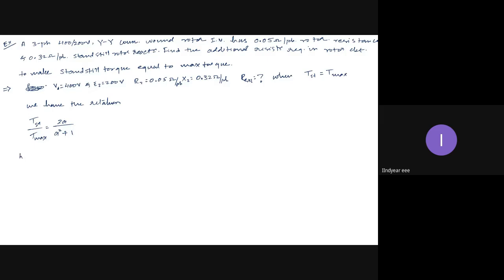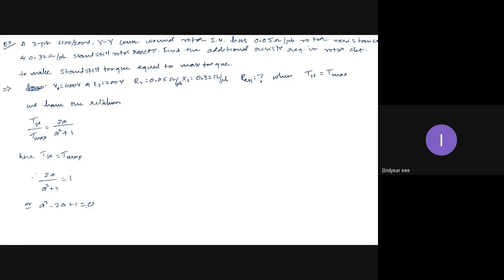Here TST is equals to Tmax. Therefore, 2a by a square plus 1 is equals to 1. TST by Tmax is 1. Or I can write a square minus 2a plus 1 is equals to 0, cross multiplying.